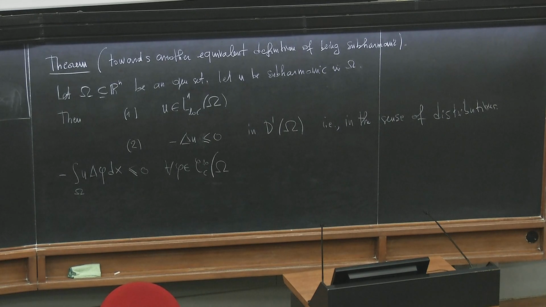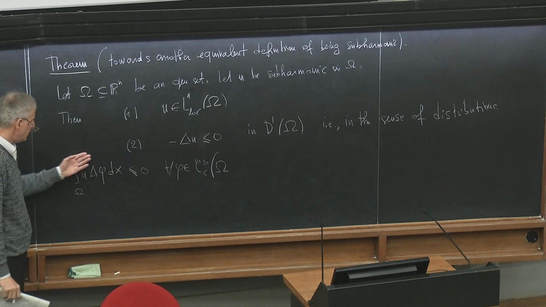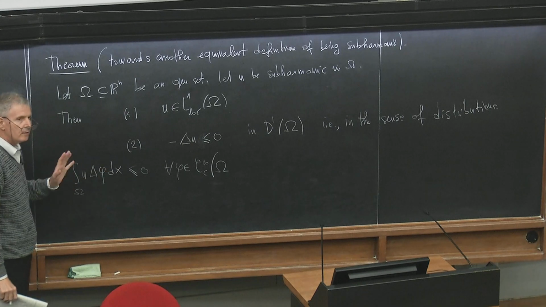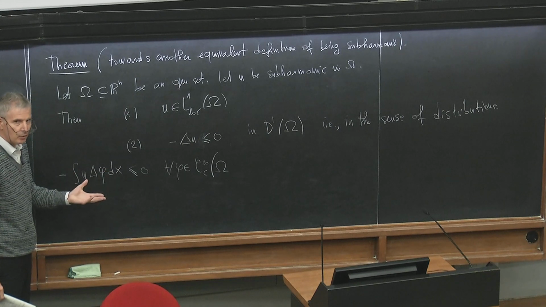What does it mean that I have a function satisfying minus u is a harmonic function in the sense of distributions? The idea is to write some expression which does not involve any kind of derivative of u.